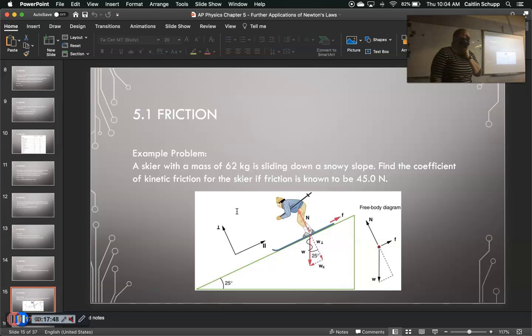Okay. So what do we need in order to figure out the kinetic coefficient of friction? What's the formula? So mu k, which is one variable. Remember, that's our coefficient. And then we need the normal. In this diagram, do you agree this? Yes. Okay.